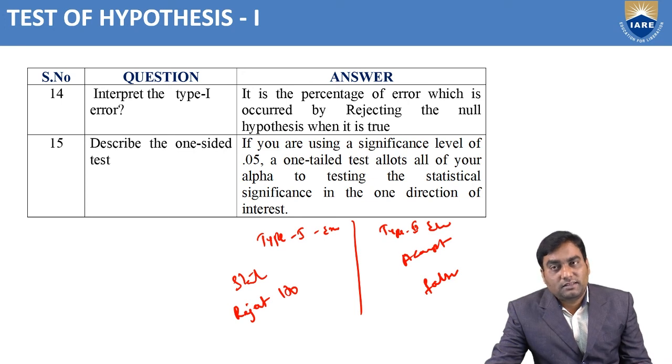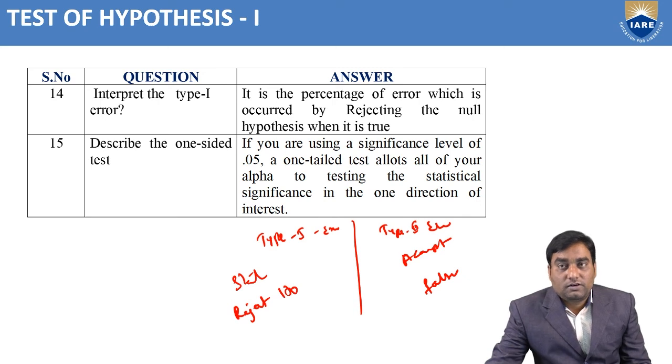That means there is also an error in our procedure, test of hypothesis. Such an error is known as type 2 error. Type 1 error is reject H0 when it is true. Type 2 error is accept H0 when it is false.